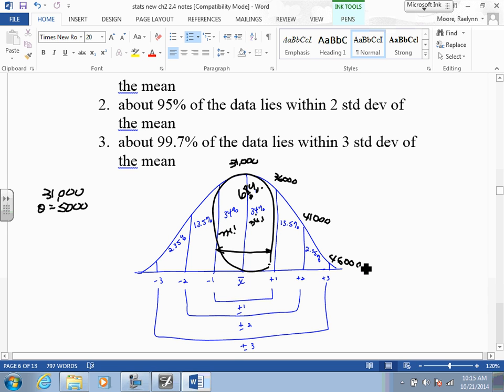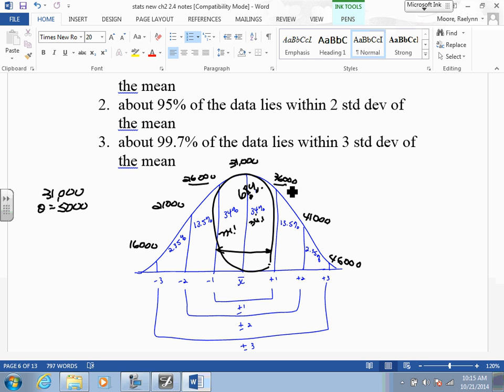So this is how spread out your salaries are. Going the opposite way, we subtracted 5,000. So for instance, 68% of your salaries are going to fall between these two numbers. In my company, 68% of my employees will make between $26,000 and $36,000 every year. Okay, well, that'll be their annual salary.